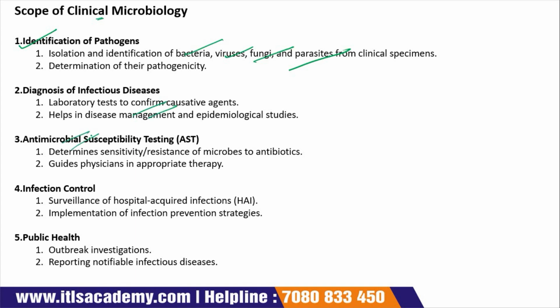Antimicrobial susceptibility tests determine the sensitivity and resistance of a microbe to antibiotics, guiding physicians toward appropriate therapy. Infection control means surveillance of hospital acquired infections and implementing infection prevention strategies.